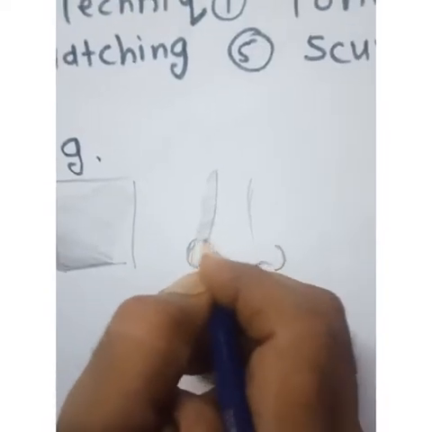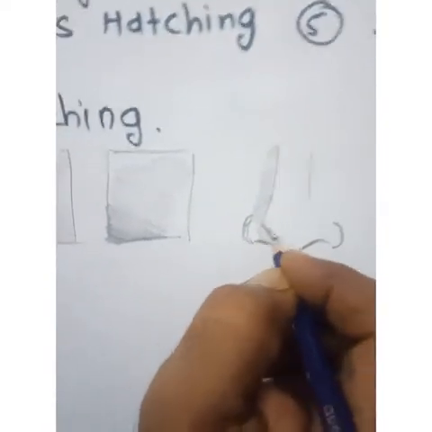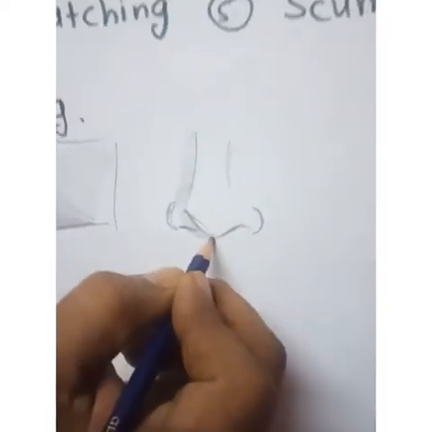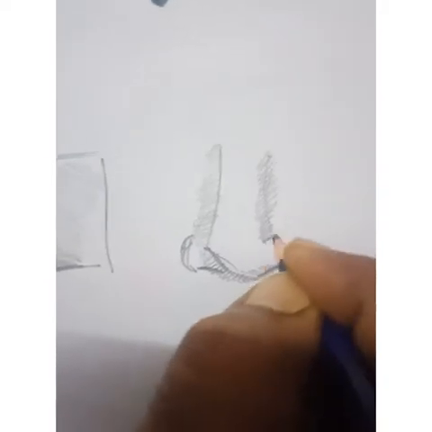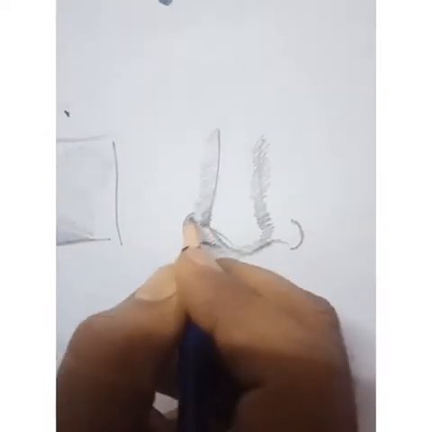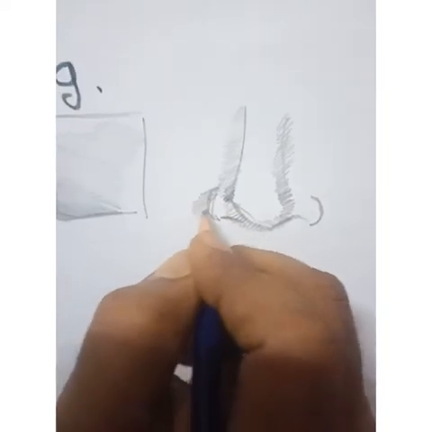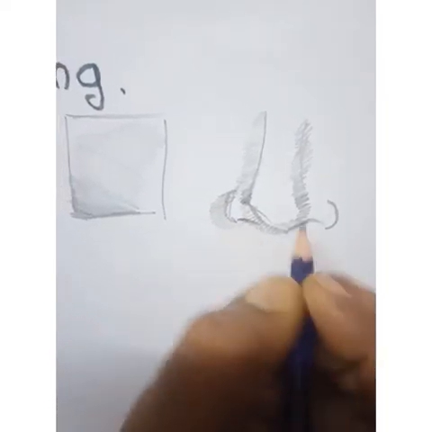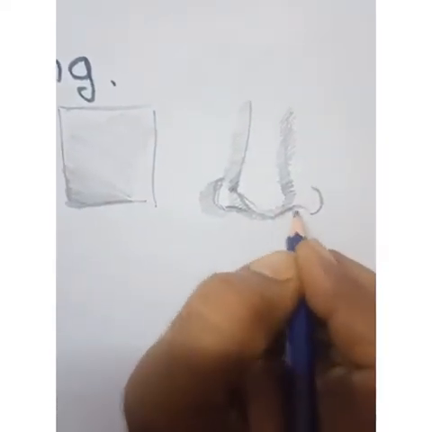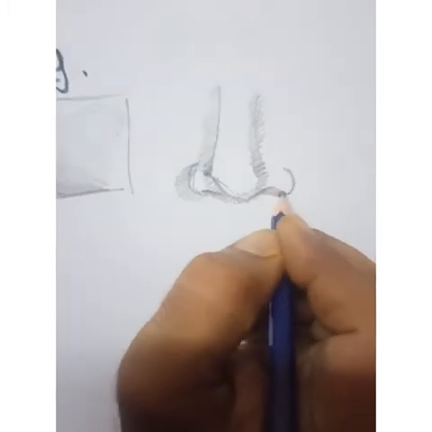In this way I am taking slanting lines here. In this way. Now wherever you need dark, you are going to press your hand. This is hatching technique.